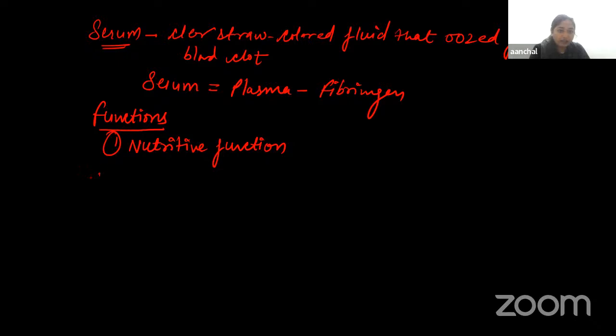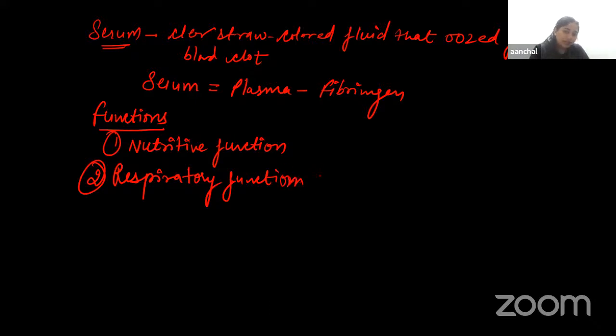Now next we have the respiratory function. As we know, blood is responsible for carrying both O2 as well as CO2, right? So transport of respiratory gas is done by the blood. It carries oxygen from the alveoli of the lungs to different tissues and carbon dioxide from tissues to alveoli, okay?